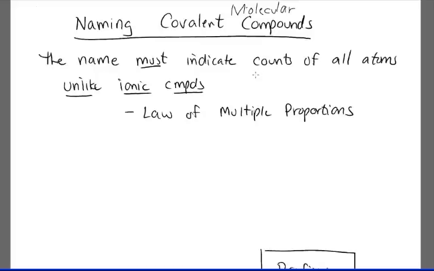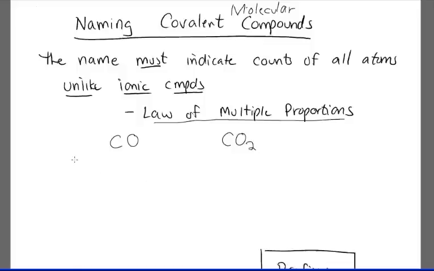You may recall from ionic compounds that unless it was a metal atom, such as iron, that had more than one charge possible, you didn't need to indicate counts at all because you can figure it out from the formula. But that's not the case with molecular compounds because of the law of multiple proportions, which says that we can have carbon and oxygen in a 1-to-1 ratio as a compound, and we can also have carbon and oxygen in a 1-to-2 ratio. And so we need to have a naming system that tells us the difference between the two.